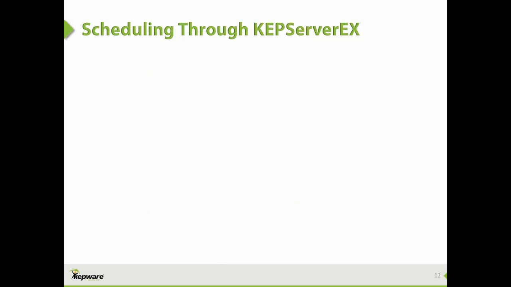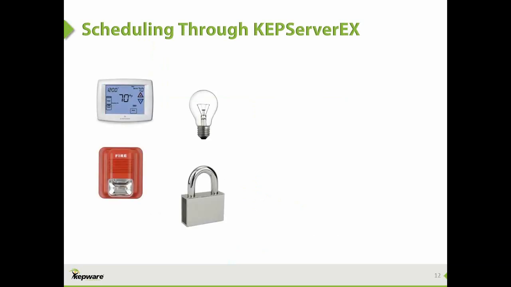So building engineers use calendars and schedules that are part of these controllers to control things like thermostat settings, lighting, alarm activation, and door locking, and many other things according to requirements from the business.